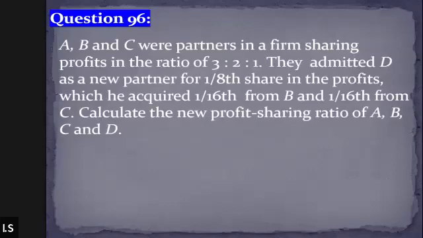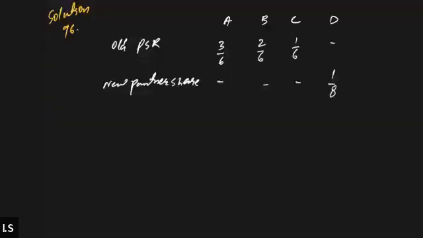All right. So that means B will have to sacrifice and C will have to sacrifice only.